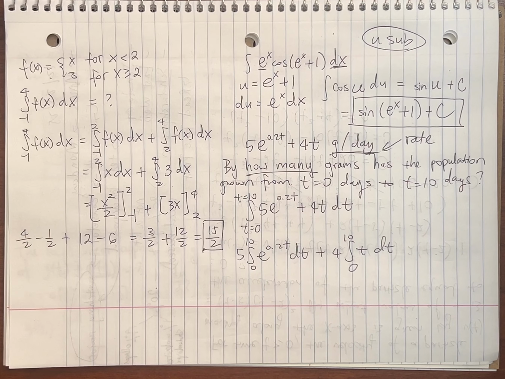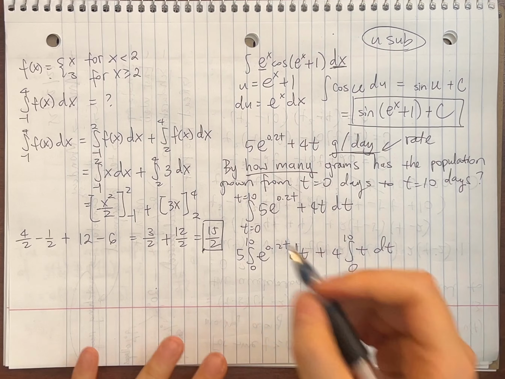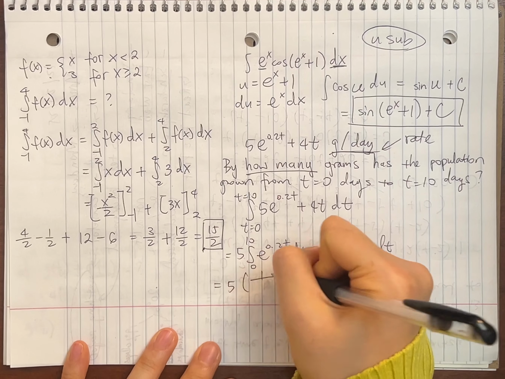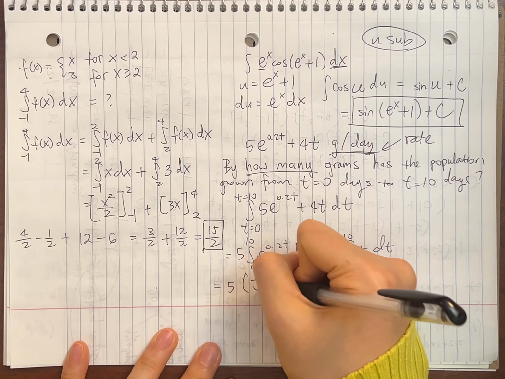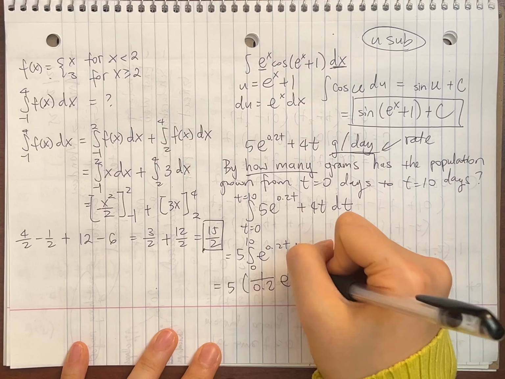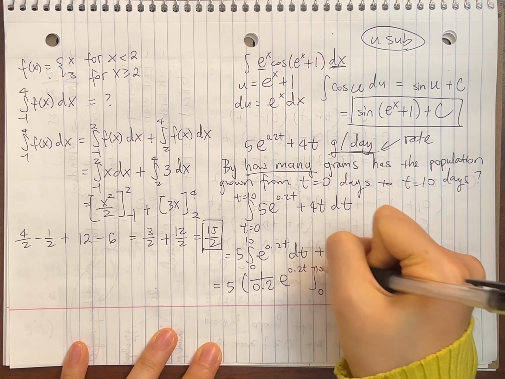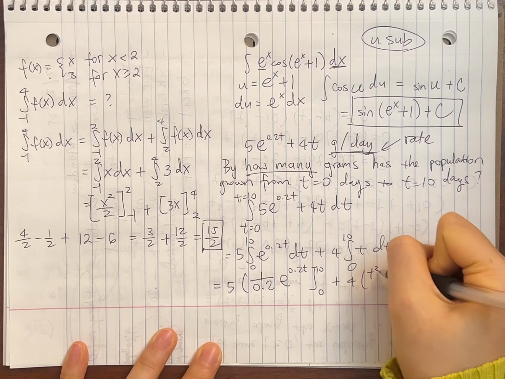So from this point on, we can start integration, which will be this, e to the 0.2t, plus 4 times t squared.